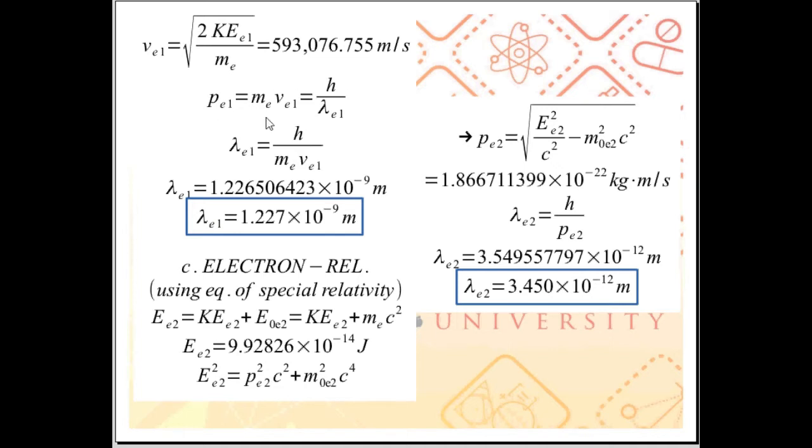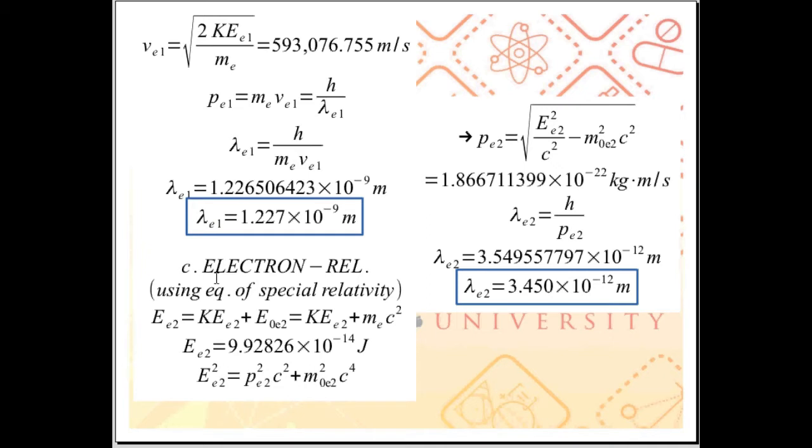So mv is equal to h over lambda, isolating lambda, we are able to calculate the de Broglie wavelength of the non-relativistic electron: 1.227 times 10 to the negative 9 meter, or 1.227 nanometers. And lastly, we have the relativistic electron.